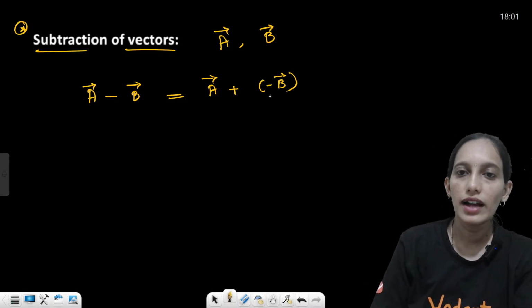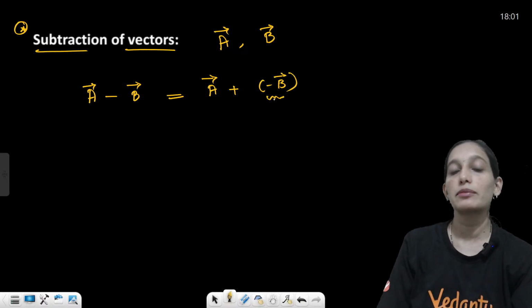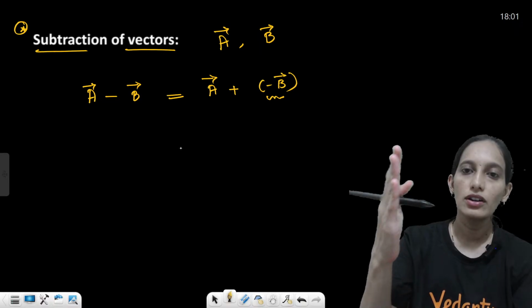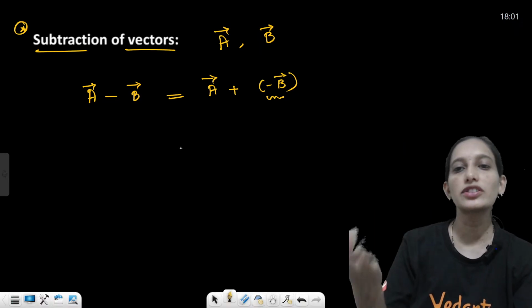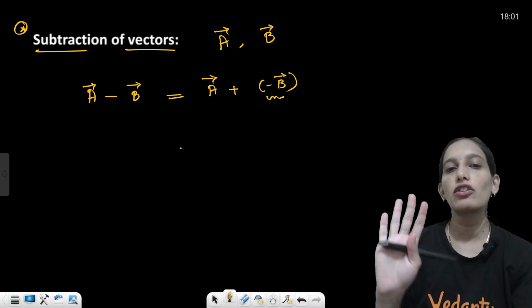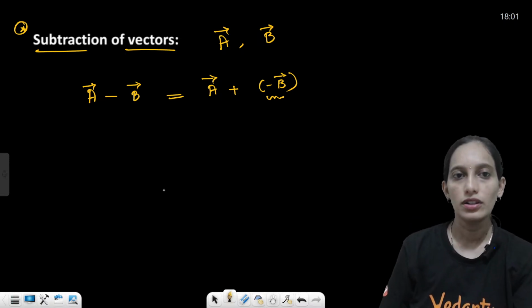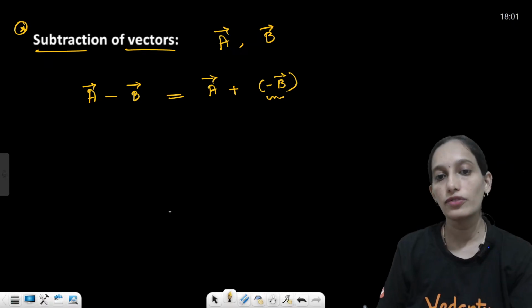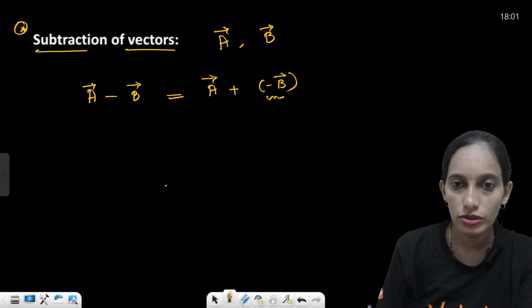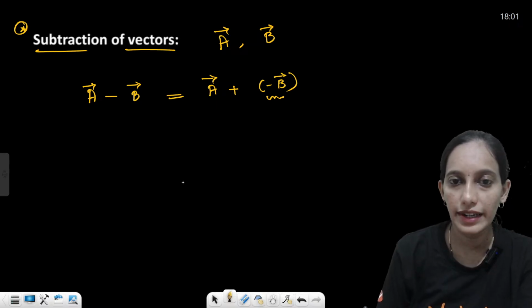I am considering minus b vector because I know how to get the negative of a vector. If there is a vector, how do we get its negative? Just reverse the direction. Then you just add according to your triangular law of vector addition. That is how we do subtraction of vectors. So let us again consider two vectors a and b.